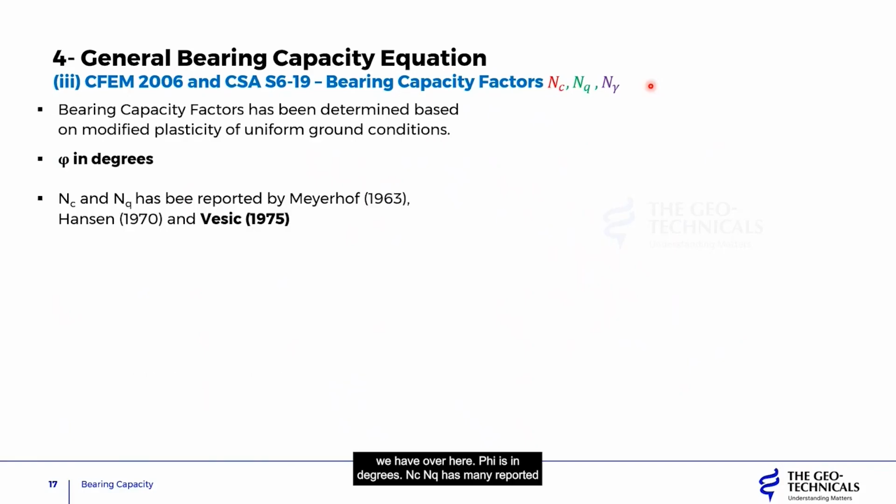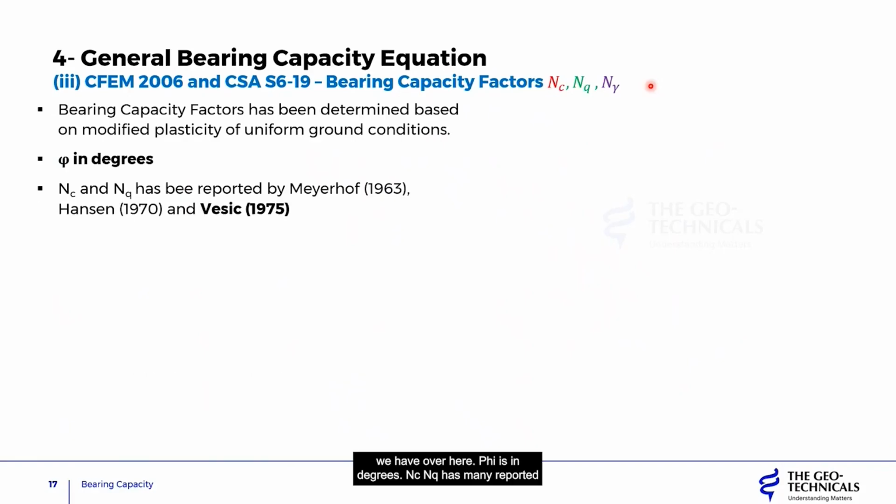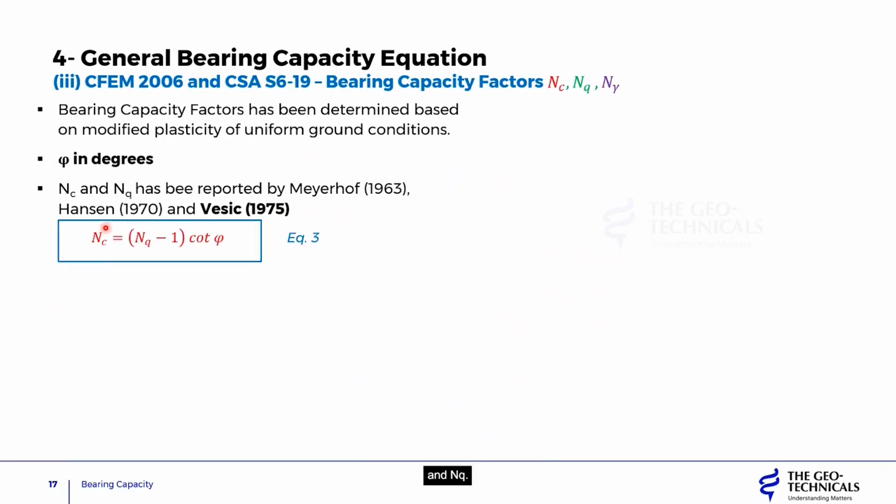As for the friction angle phi in degrees, Nc and Nq have been reported by Meyerhof, Hansen, and Vesic. Nc, Nq, and N gamma are usually not different between geotechnical engineering scientists, so they are almost the same. The Canadian Foundation Engineering Manual and CSA use the Vesic equations, which again are almost the same as Meyerhof and Hansen for Nc and Nq.